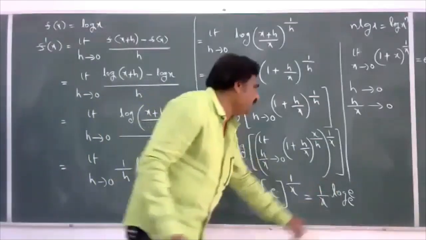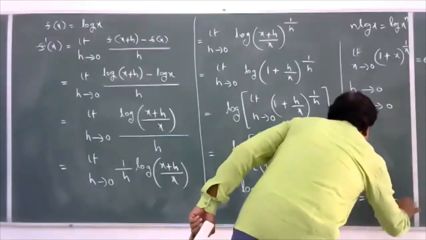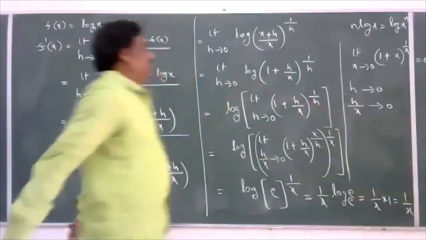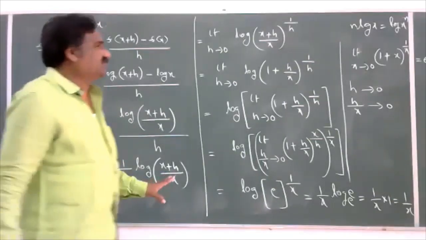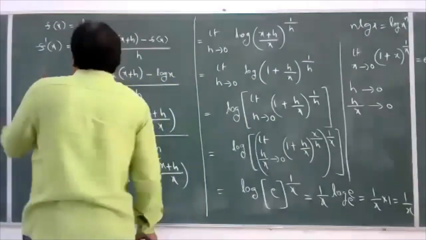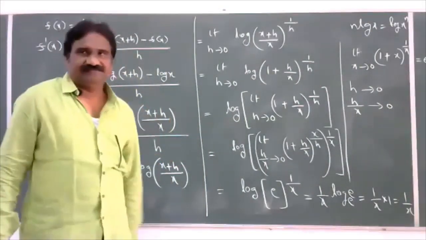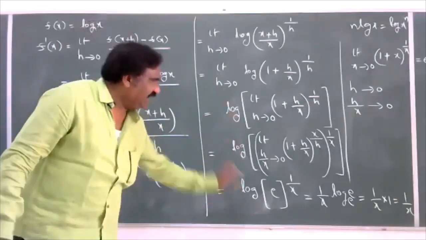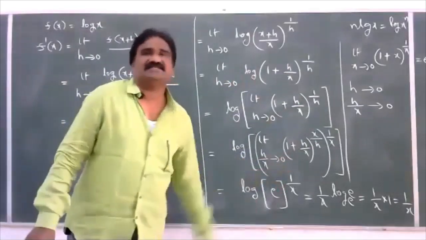So log e to the base e is 1, then you get 1 by x into 1 is equal to 1 by x. That is the derivative of the function f of x equal to log x. So we proved the derivative of log x is 1 by x.